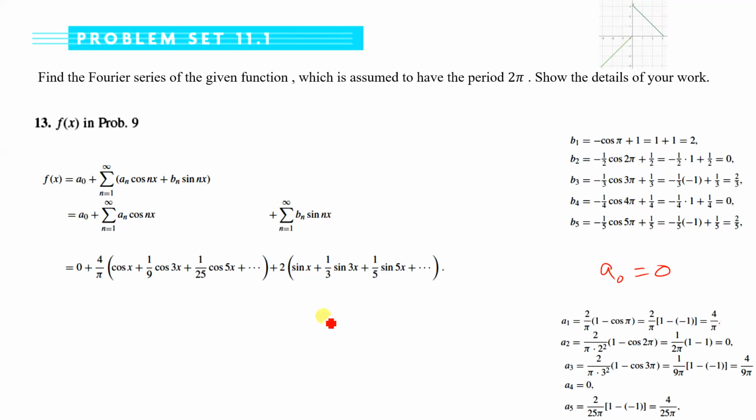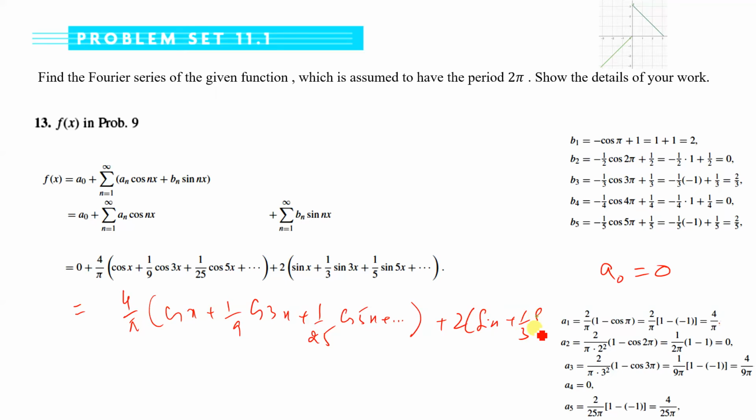So this is the required series, or we can write it as 4 over pi times cos x plus 1 over 9 cos 3x plus 1 over 25 cos 5x, and so on, plus 2 times sin x plus 1 over 3 times sin 3x, and so on. So this is the required series.